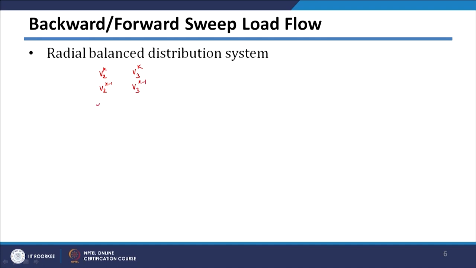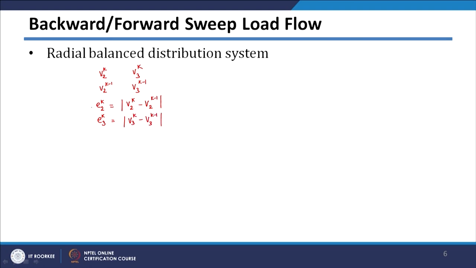Then the error of voltage at node 2 at kth iteration will be equal to mod of V2 at kth iteration minus V2 at k minus 1 iteration, and the error in voltage at node 3 at kth iteration will be equal to V3 at kth iteration minus V3 at k minus 1 iteration, and its mod.